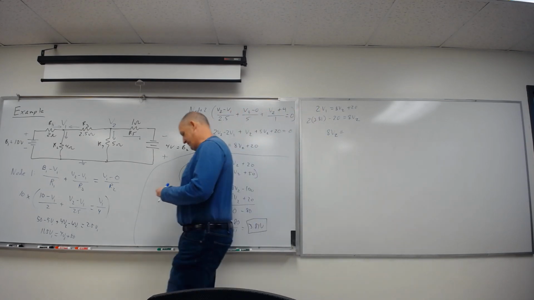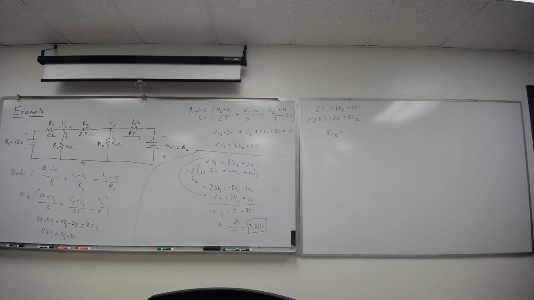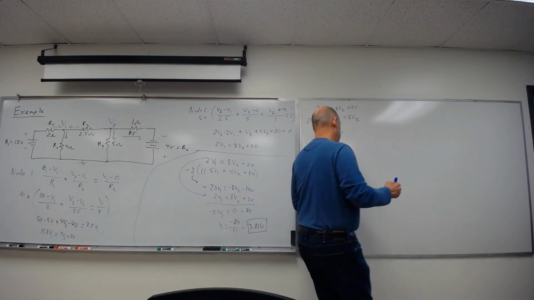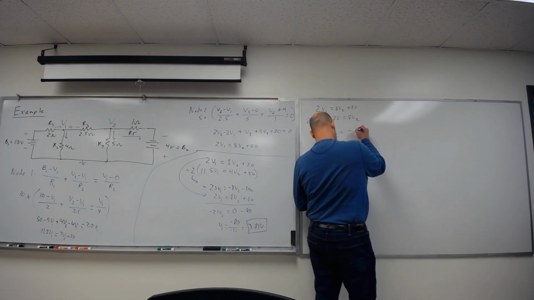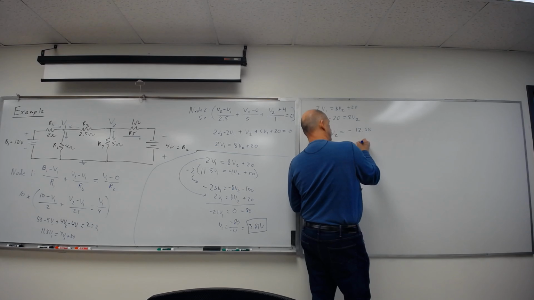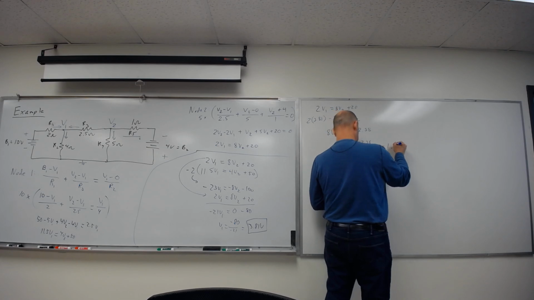So I'm going to take 3.8095 times 2, subtract 20 from it. I'm left with minus 12.38. So V2 equals minus 12.38 over 8, which is minus 1.5476.